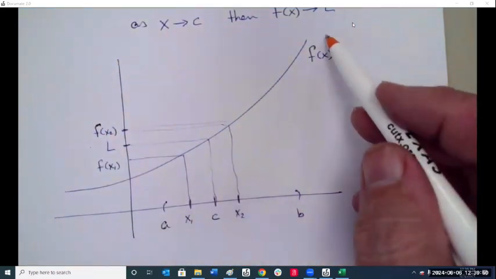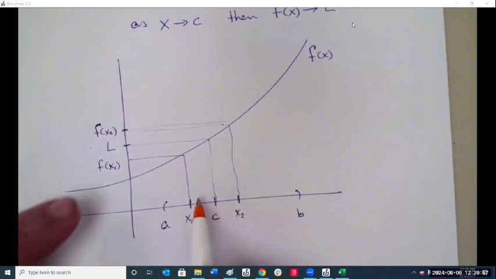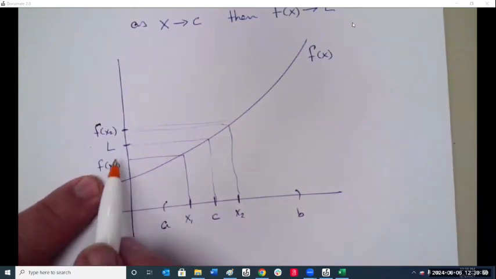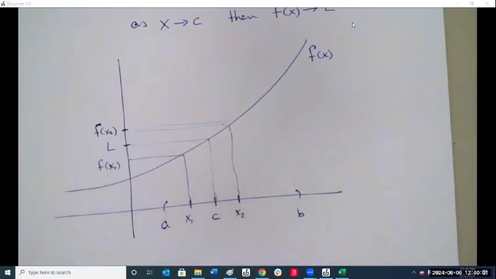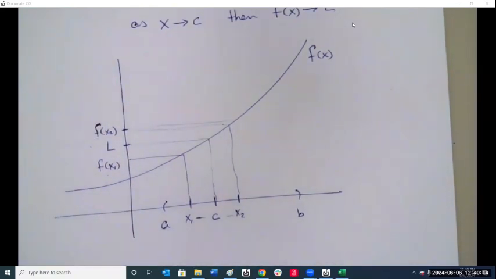So in this case, since f of x is an increasing function and x1 is less than c, which is less than x2, then f of x1 is going to be lower than our limit. Now, as these distances get closer and closer to c, what happens to the distance between the f of x and the L's?